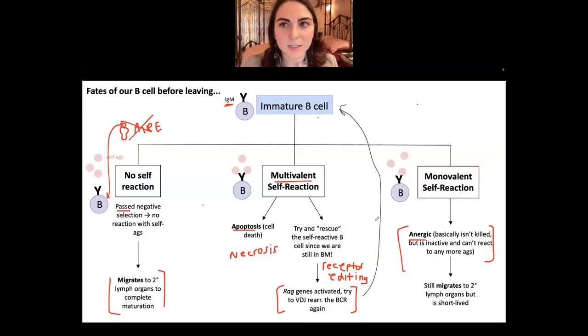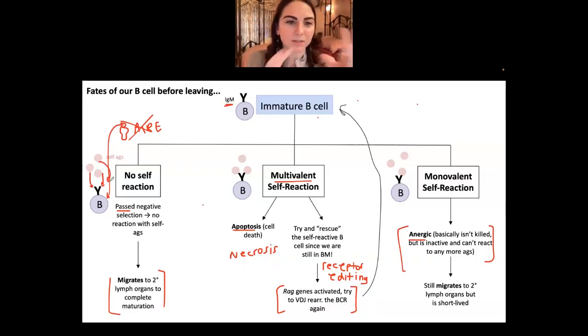Any more questions? Because it'll just keep building on this concept. The whole point is that we want to generate diversity, and that's why you don't really have to know VDJ in too much detail. I just wanted you to see what it is, because you want to generate as much diversity as possible to see as many possible self-antigens as possible. And AIRE is going to just keep giving it, like, hey, do you recognize this one? No, cool. Hey, how about this one?